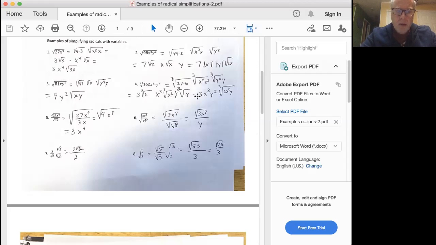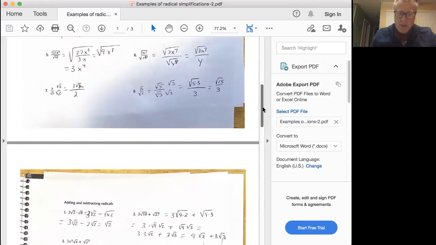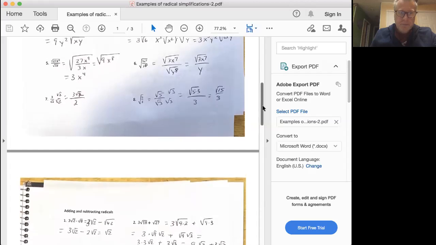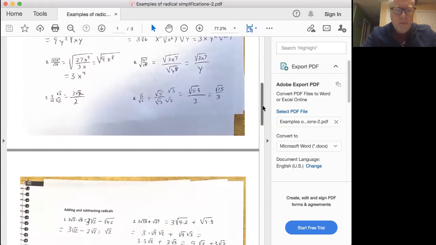Sometimes we see square roots and cube roots and all kinds of radicals dividing things. So let's take a look at a couple of examples here. In the handout I gave you that deals with rules and concepts of radicals, it talked about how we can take the radical of the top and radical of the bottom if we're dividing out, or we can take it all as one big divide.